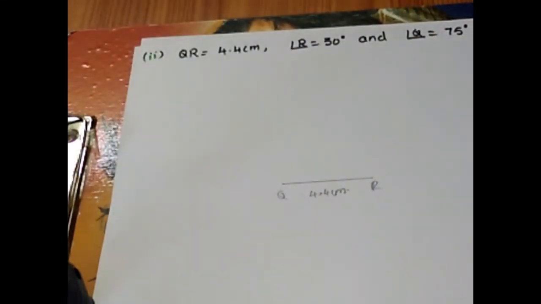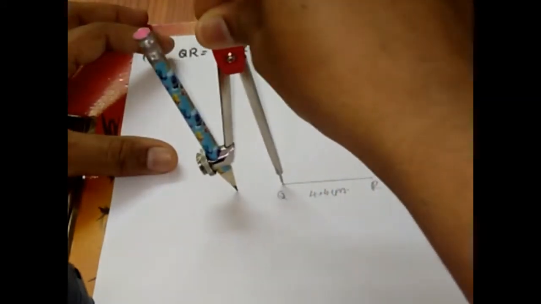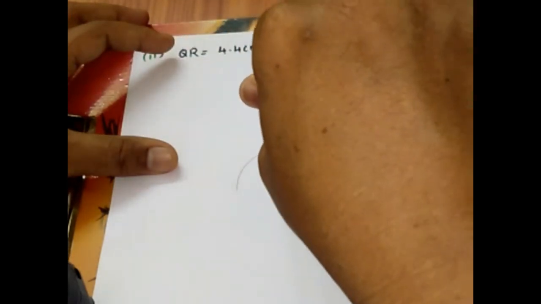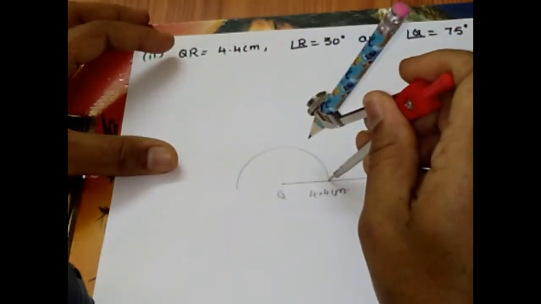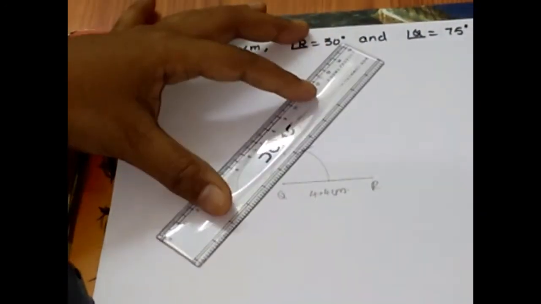Now at the point Q, I need to construct 75 degree. How do you get 75 degree, children? First we need to have 60 and 90. So this will give me 60, the first arc. So 60 degrees should be marked with the dotted line.